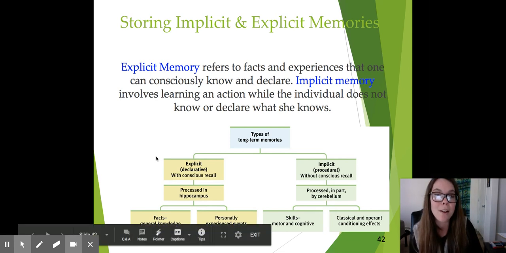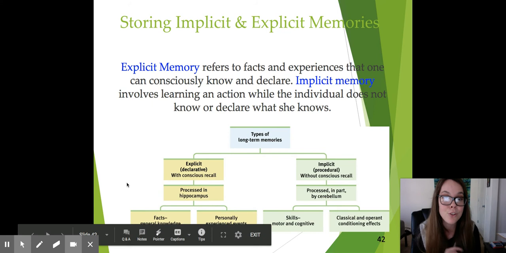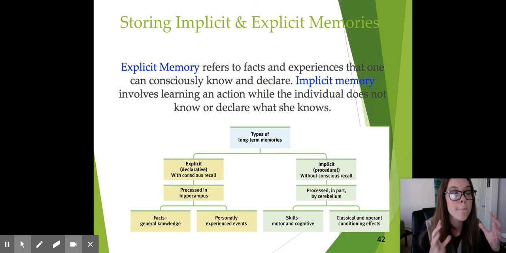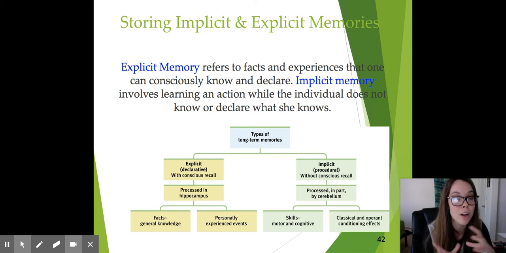So while explicit covers facts and general knowledge and personal events, so your psychology class would fall under explicit, implicit would fall under knowing your family's birthdays, or knowing what to wear in winter. Think of implicit as skills.